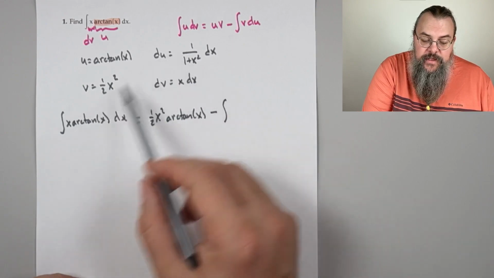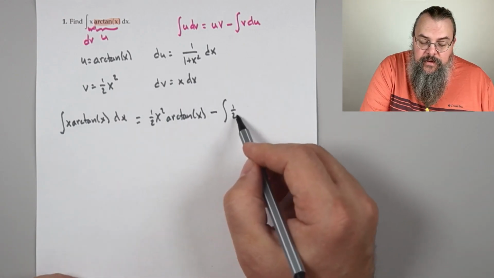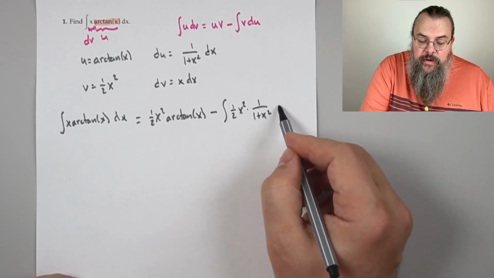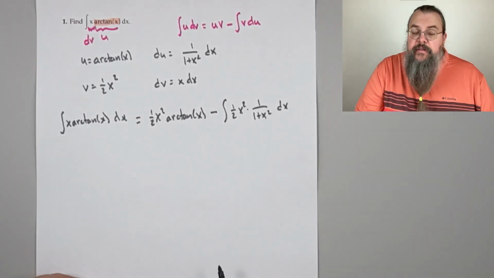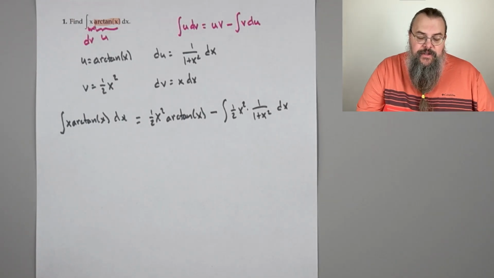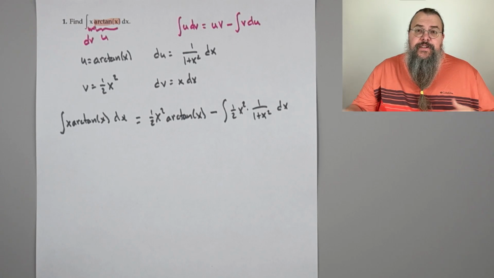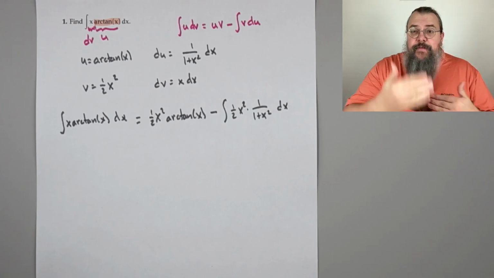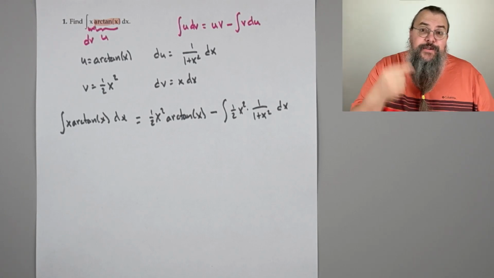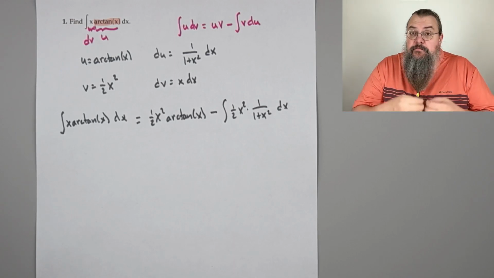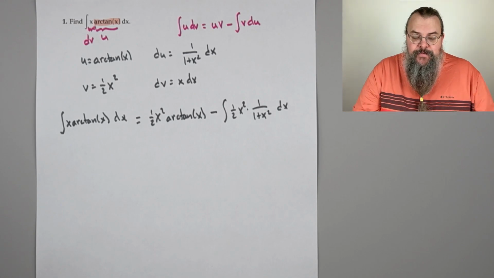All right, so there's v du: 1/2 x squared times 1 over 1 plus x squared dx. Okay, so what have we done? Now, integration by parts doesn't necessarily reduce the number of integrals. We started with one integral, we still have one integral. But ideally, we have a simpler integral.